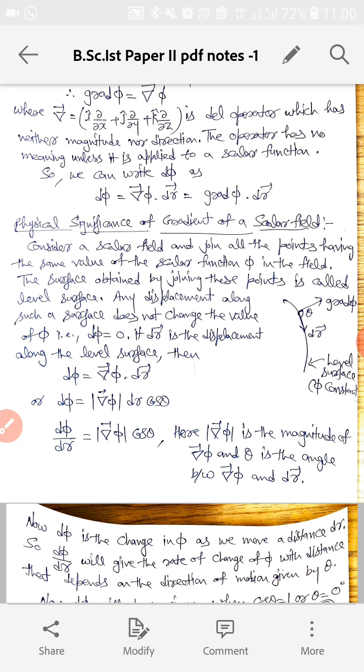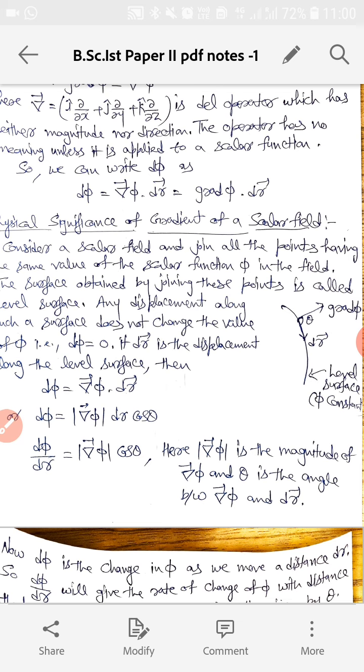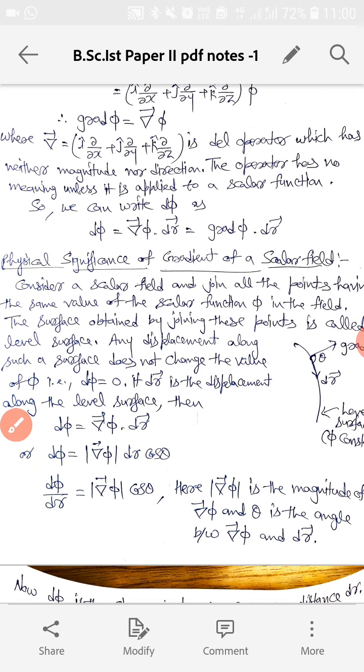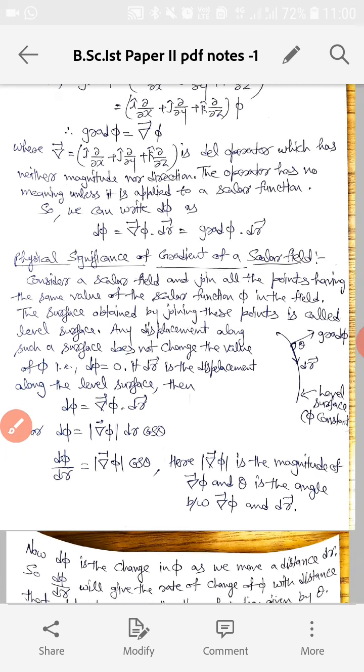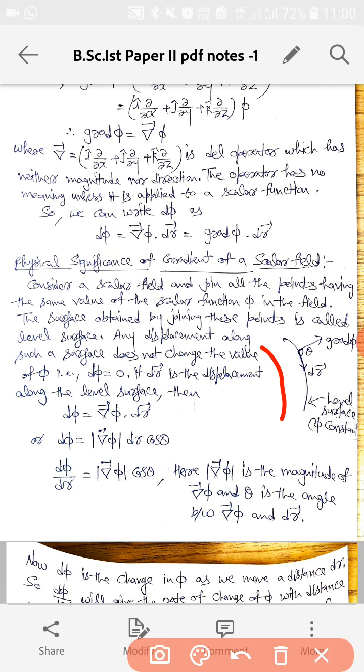If we join all those points having the same value of the scalar function φ in that field, then the surface we obtain is called a level surface. Suppose that surface is given by this. On this surface, the φ function will be constant. There will be no change in the value of φ, that is, the change in φ will be 0.